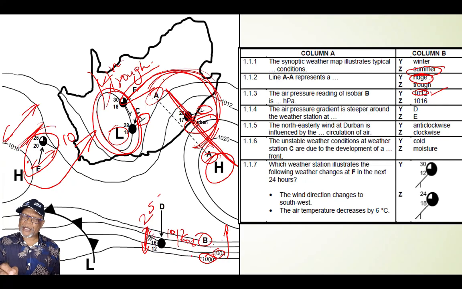So the warm, moist air going there and the cold, dry air going there. Warm, moist air is lighter and is going to be forced to rise, as the cold, dry air from the South Atlantic undercuts the warm, moist air, or the northeasterly winds from the South Indian high pressure.